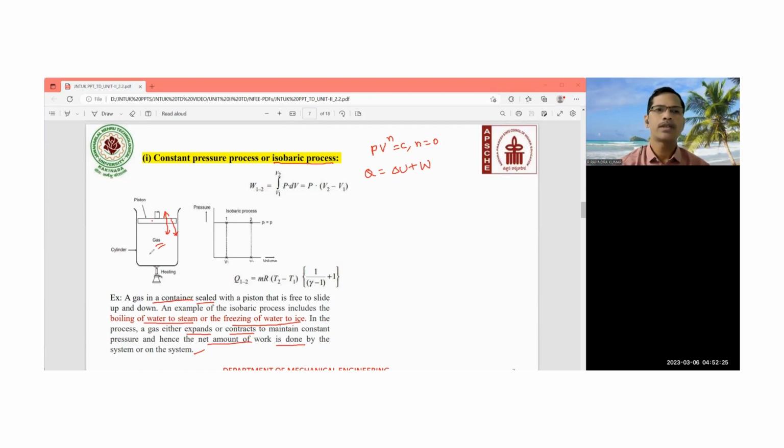This is the stationary system, the non-flow process. Now, what is the work? That is for a non-flow process, the work is nothing but equal to PdV.